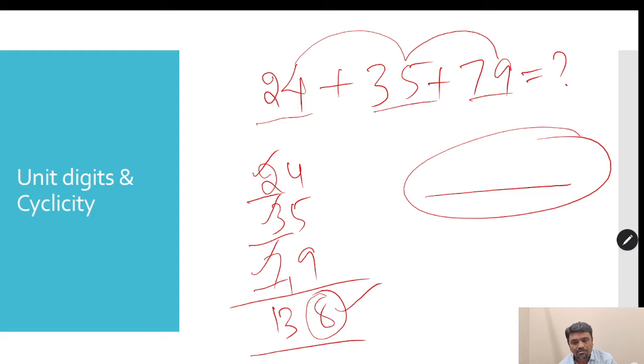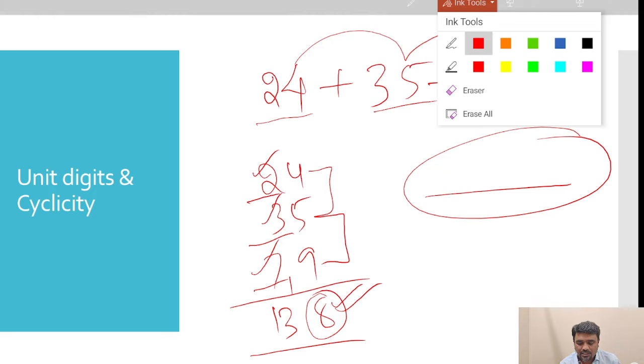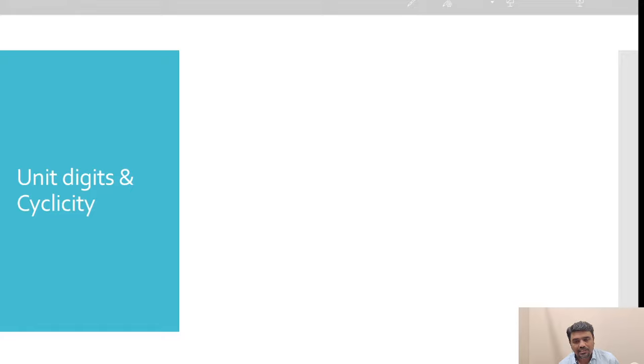It doesn't matter. This unit place depends only on the unit place of the given numbers. You're getting the point. That's the first concept you need to understand. Whether it is multiplication or addition, the unit place depends on the unit place only.